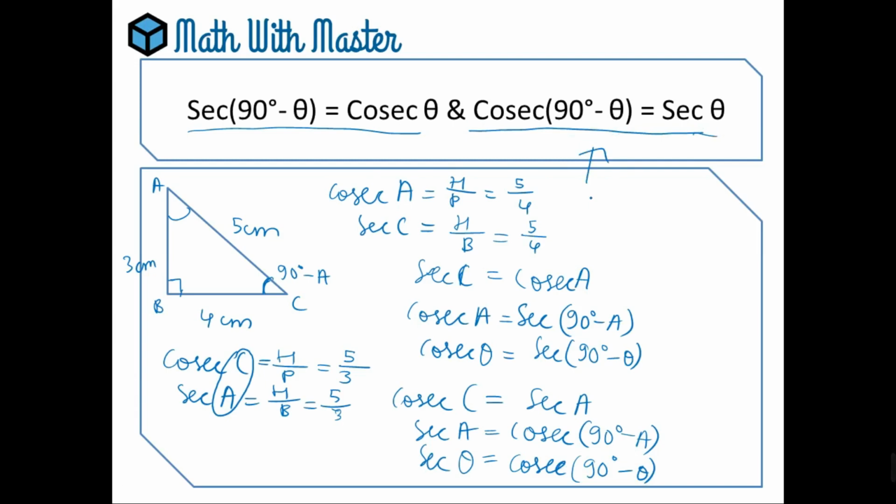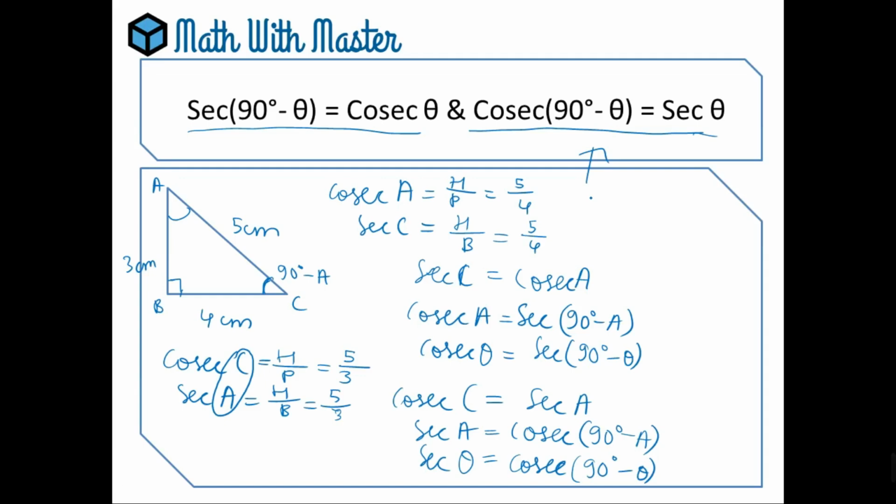Today we have derived the 6 formulas, meaning the 6 trigonometric ratios for complementary angles.